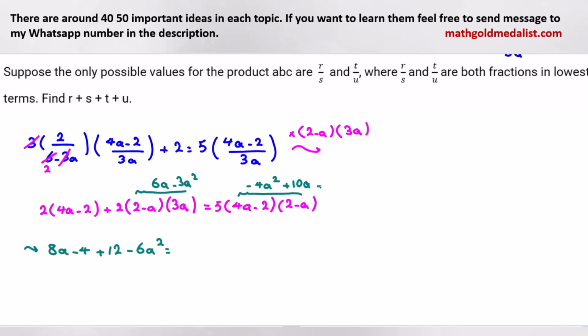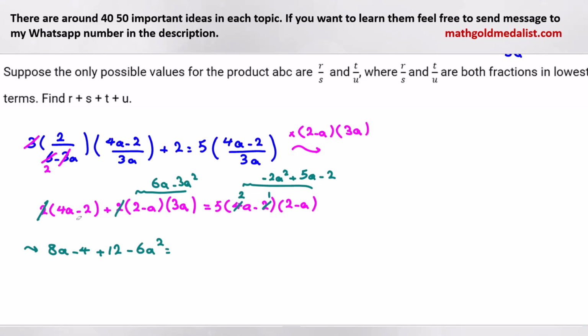But here we can do something. It is a multiple of 2, so let's divide by 2 first. Okay. Let's simplify a bit more. We can divide both sides by 2. Minus 2A squared and 4A minus 4A plus A plus 5A minus 2.